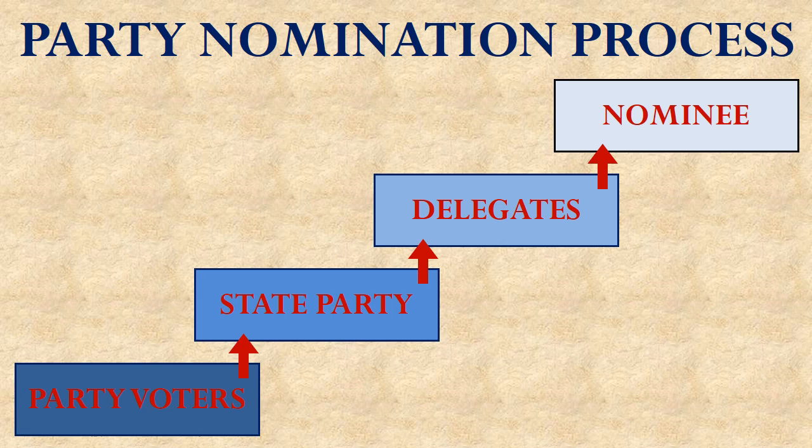Then you have a state organization, in this case the state political party, that takes those preferences expressed by voters and uses them to then choose delegates that reflect those preferences. Those delegates then get together in another meeting. In this case, it's the National Party Convention. And they then choose the nominee of the party.